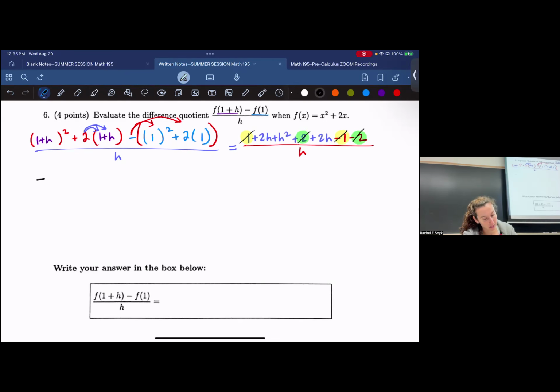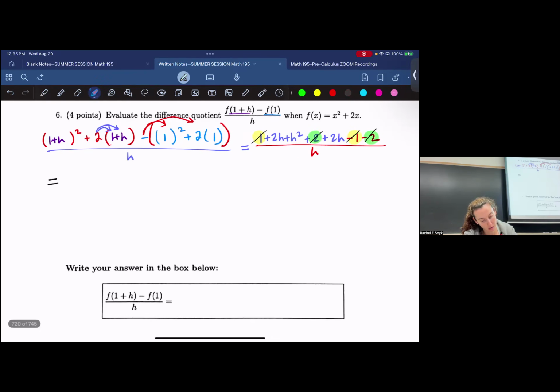So we're looking at h squared plus 2h, and then let's combine some like terms too. We have a 2h and a 2h, which becomes 4h. So we end up with h squared plus 4h all over h.